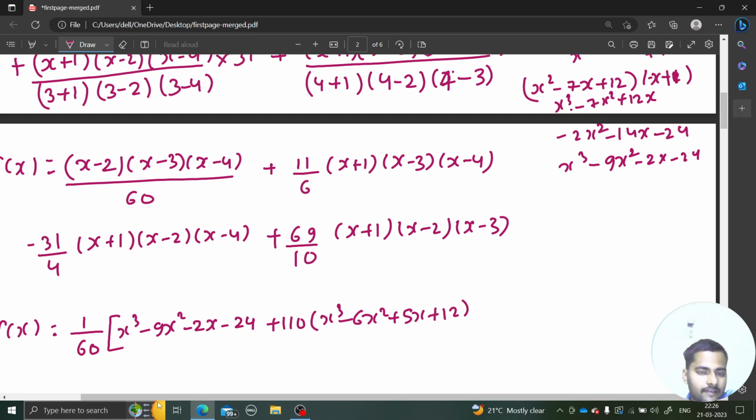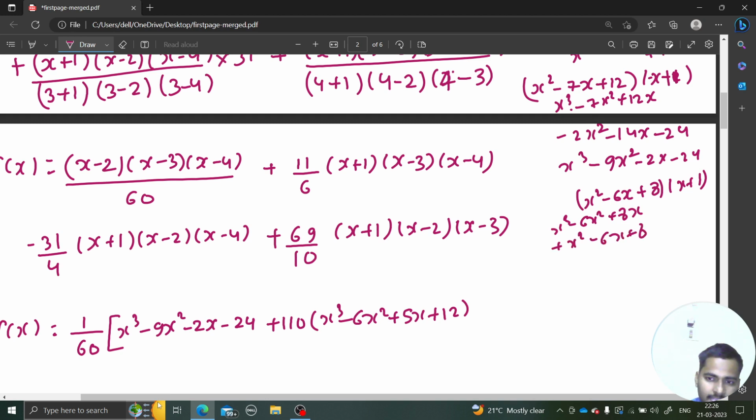Next we'll be having x minus 2, x minus 4. So this will be x square minus 6x plus 8 multiplied by x plus 1. So this will be x cube minus 6x square plus 8x plus x square minus 6x plus 8, which is x cube minus 5x square plus 2x plus 8.